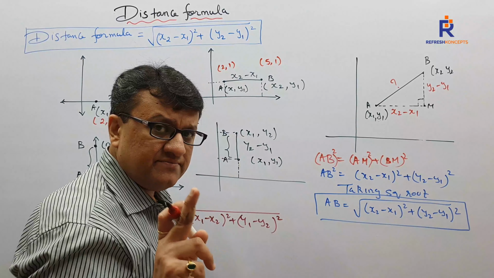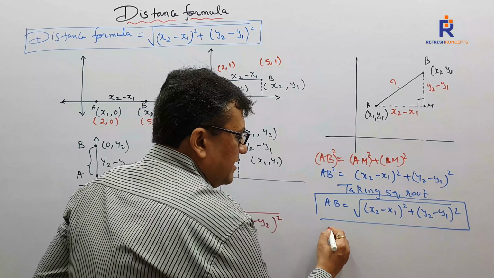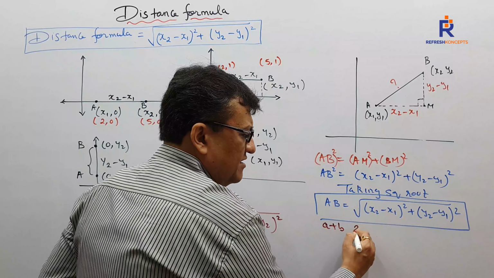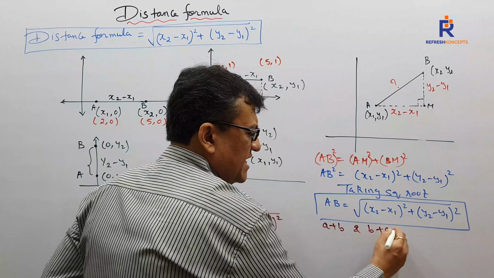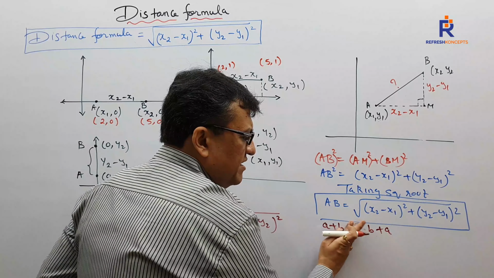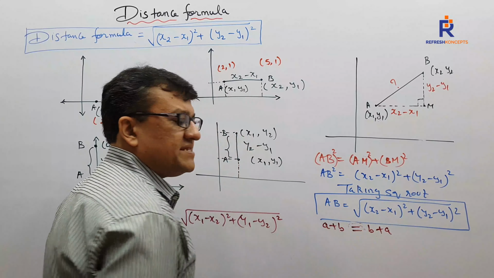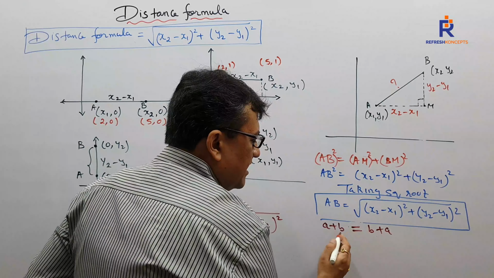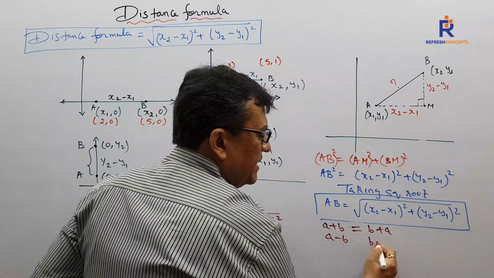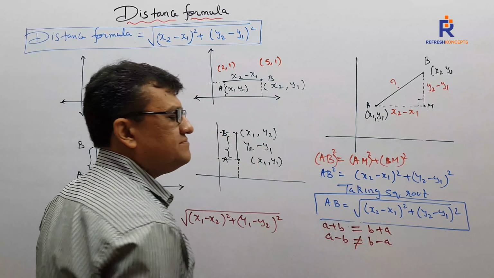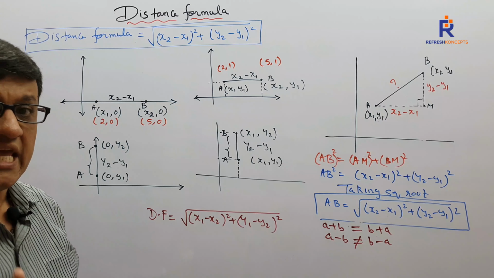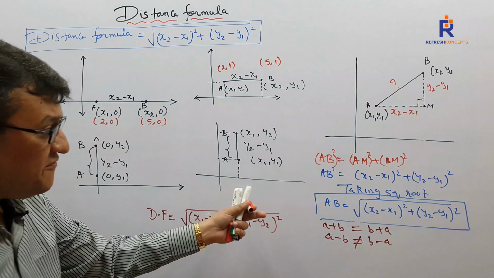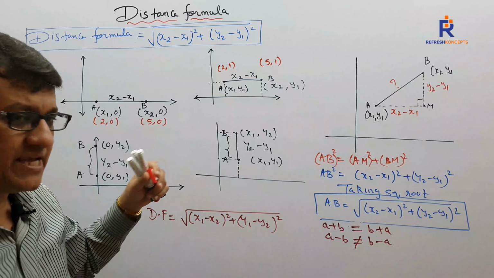In maths, children, a plus b and b plus a are the same. So I can say a plus b is equal to b plus a. But in maths, a minus b and b minus a are not equal. A plus b, b plus a is same, but a minus b, b minus a is not the same. So if they are not same, then how did you make it same, sir?